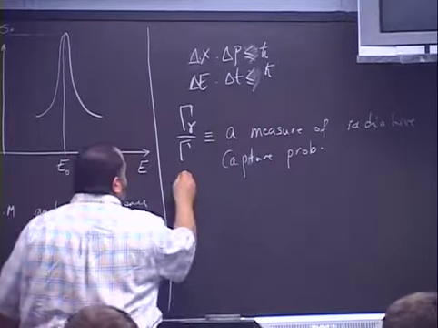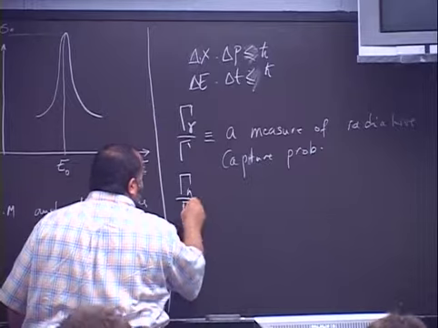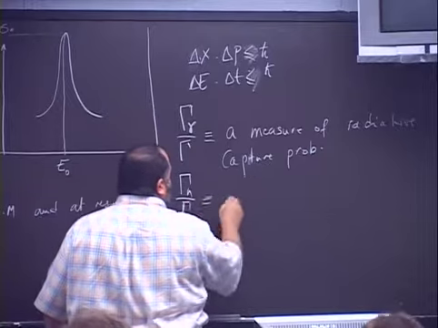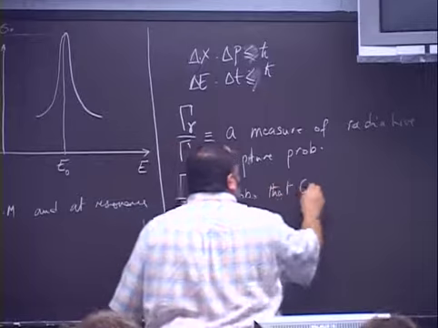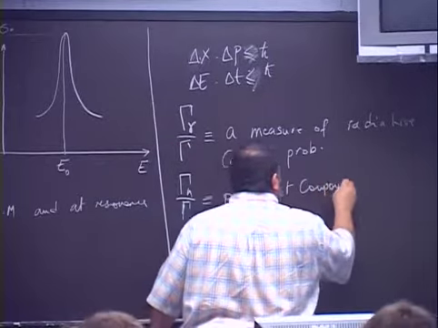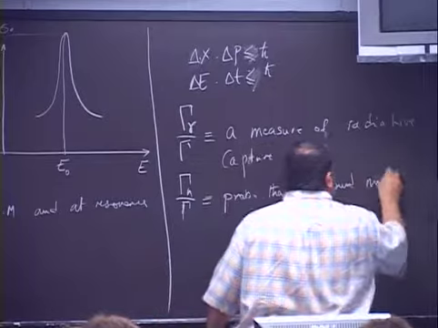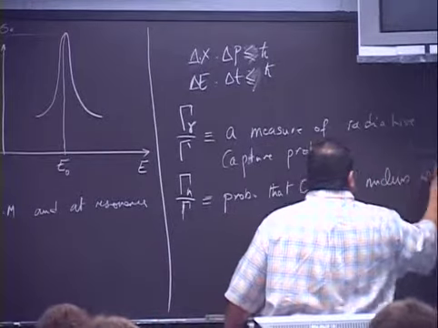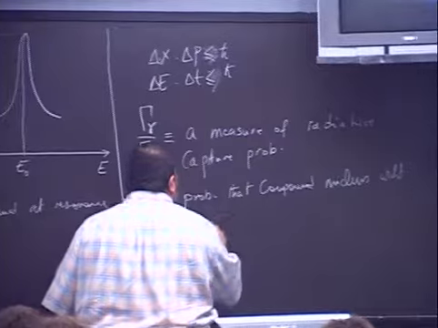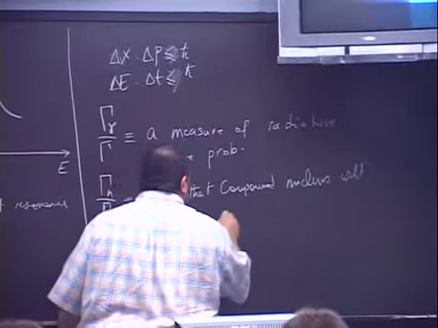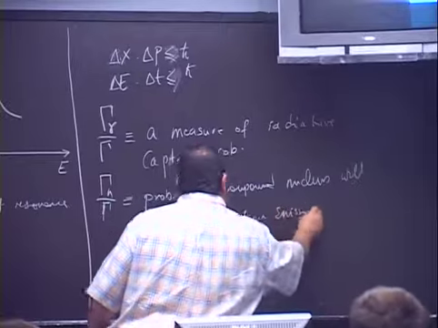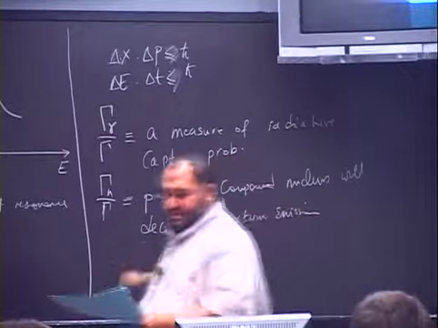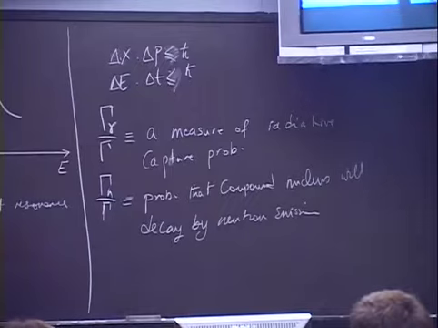Again, gamma N over gamma is the probability that the compound nucleus will decay by neutron emission. Did you understand? And so on. So this is what we mean by this formula.